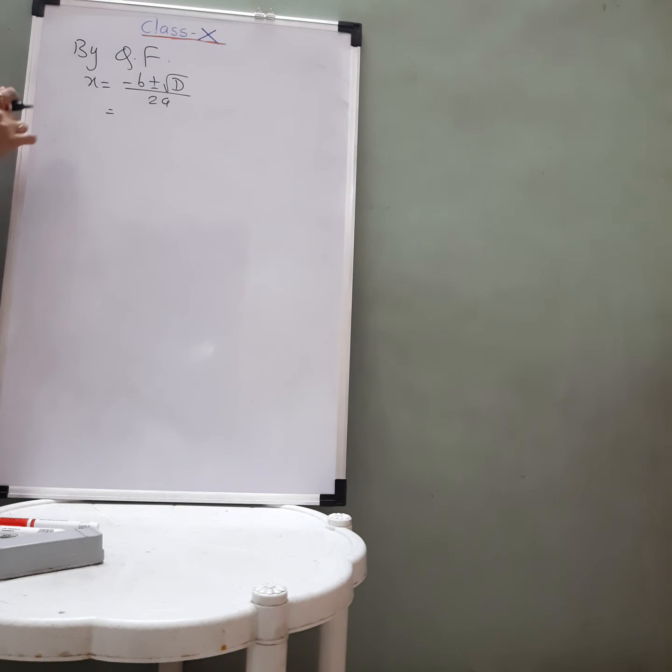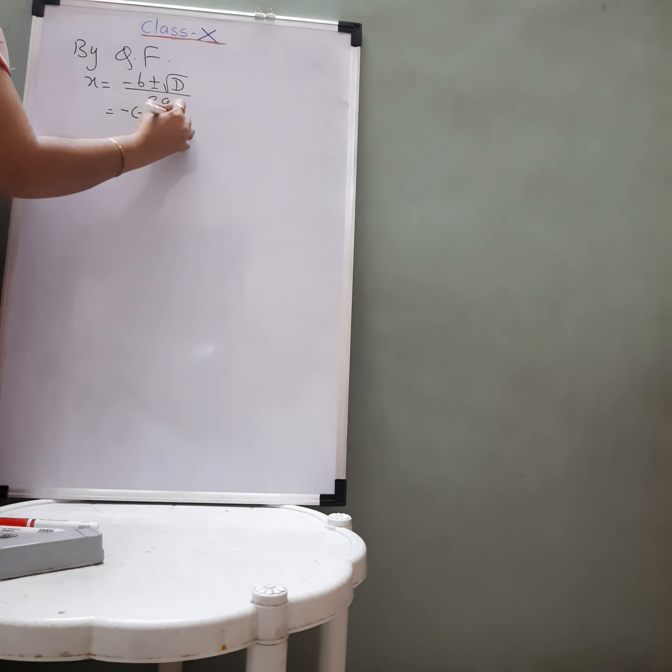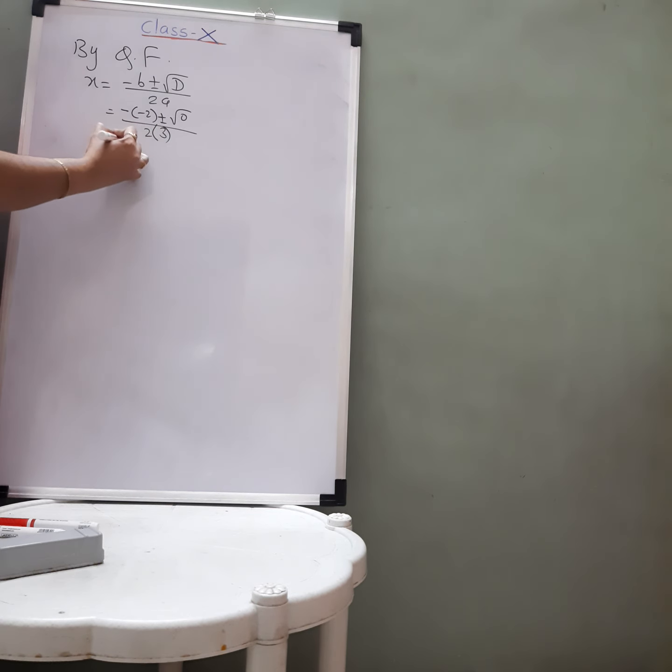Here your b is minus 2, so minus of minus 2 plus or minus under root of 0 upon 2 into 3. That is 2 upon 6, so your answer is 1 upon 3.